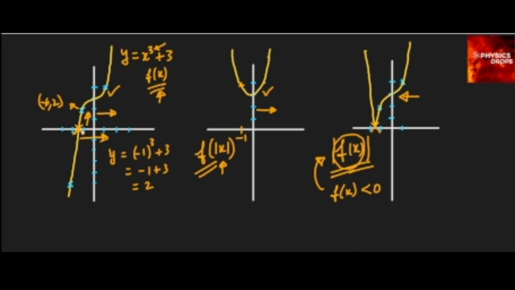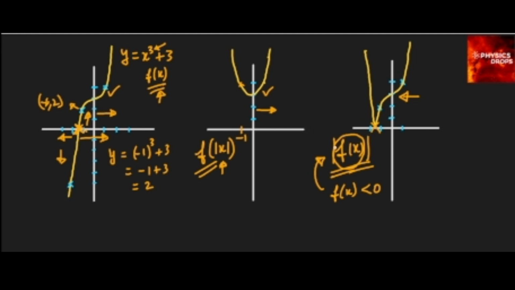But when the original f of x, the value of y, turns negative for values of x less than this x value shown here, the y values are negative. You see that the y values are going down the negative side here.